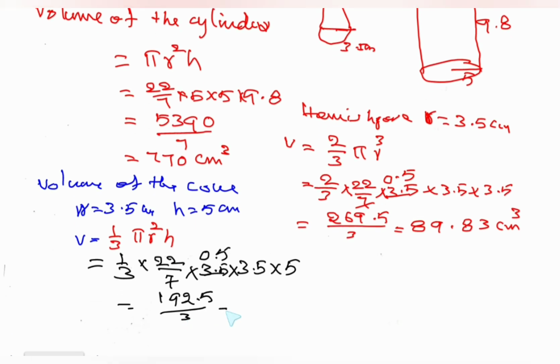That equals 64.167 centimeter cube. This is the volume of the cone, and the hemisphere volume is 89.83.